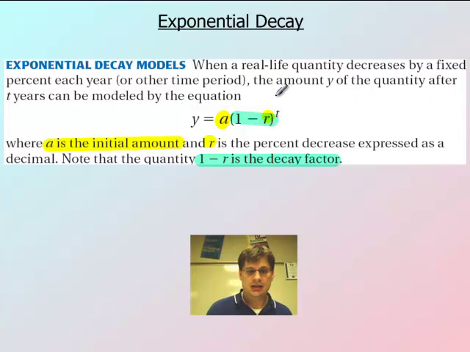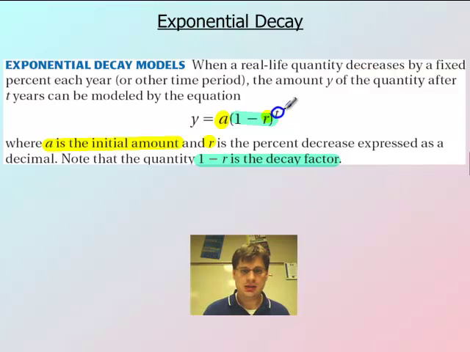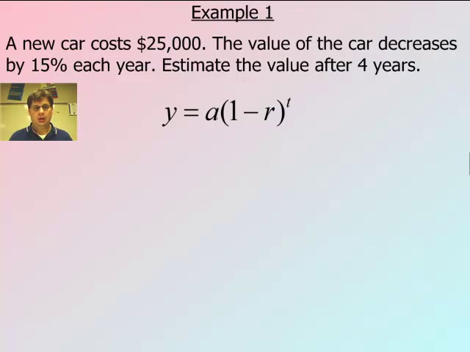The next thing is our t, and again, we already know what t is. We've done this before. It's the amount of time used when you decay. Usually, this quantity is in years. So in our example, we'll say a new car costs $25,000 and the value of the car decreases by 15% each year, and we want to estimate that value after 4 years.